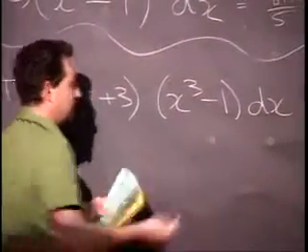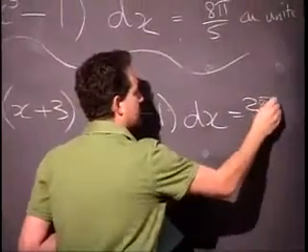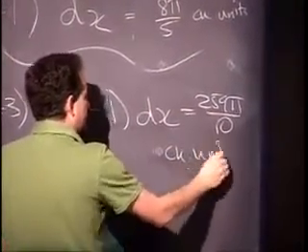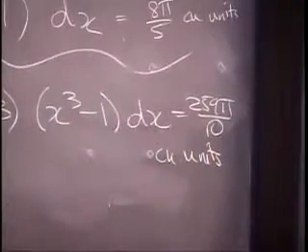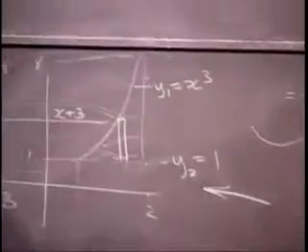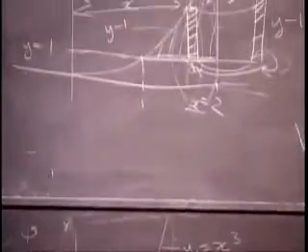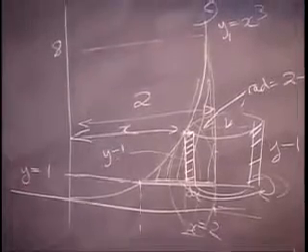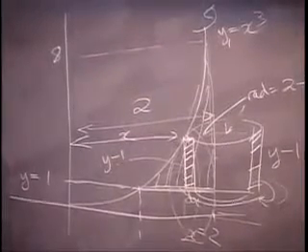And this one is 259 pi over 10. I did that pretty quickly because I've already done it for this example. It's just the same, except that instead of 2 minus x, we have x plus 3. So I don't think I want to spend much more time on it.